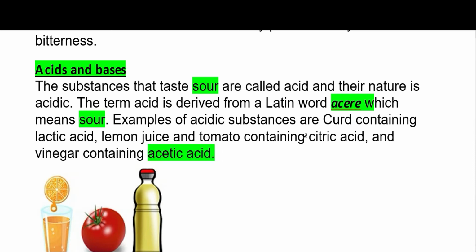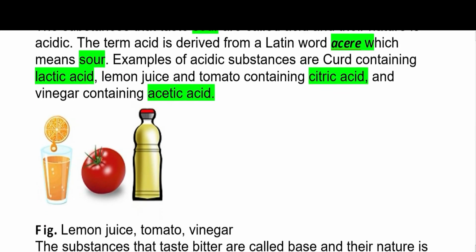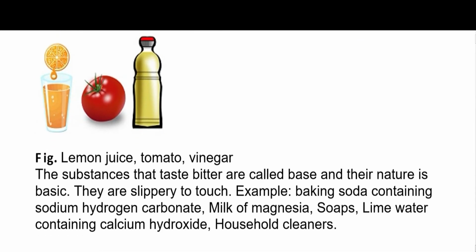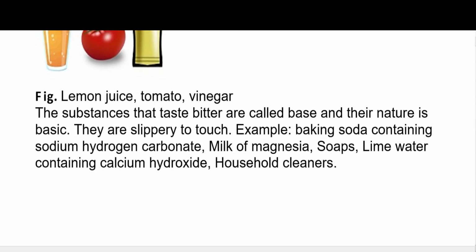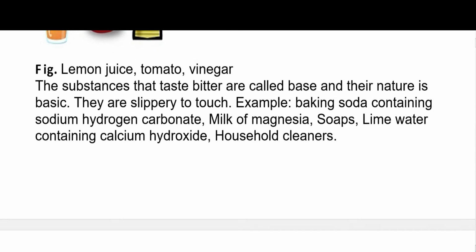Citric acid is also one of the acids, and the curd contains lactic acid. I have given the pictures here. Just look at the picture: lemon juice, tomato and vinegar.